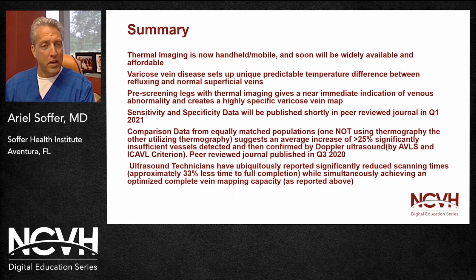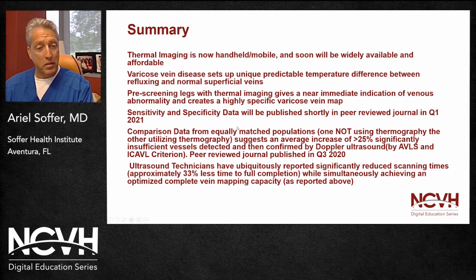So it's a very good disease platform to understand thermal imaging. Pre-screening legs with thermal imaging gives a near immediate indication of an abnormality that could create a very highly specific varicose vein map that could then be further mapped with ultrasound.